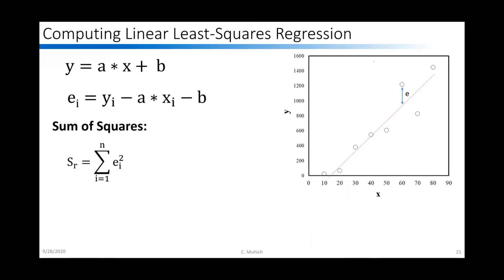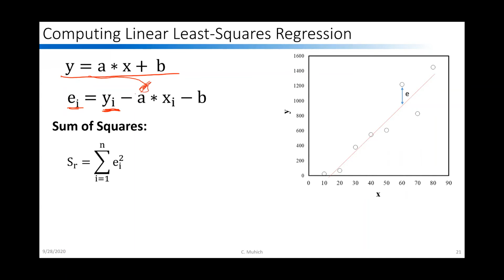Let's put this into some mathematical terms. Here we have the equation of a line that we want, and I'm also going to include an equation for the error. Our error is the value of the data at any point x_i minus what we would get from that fit.